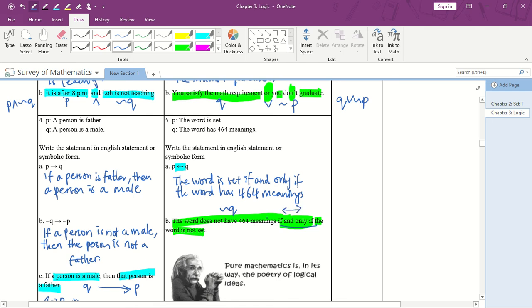And here it says that the word is not set, so this is negation P, because not means negation, and the word is set is P. So the answer here will be negation Q, negation P. That's it. Okay, so I believe that you got these questions and it's somehow easy for you.